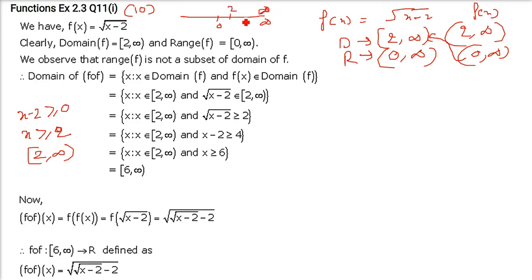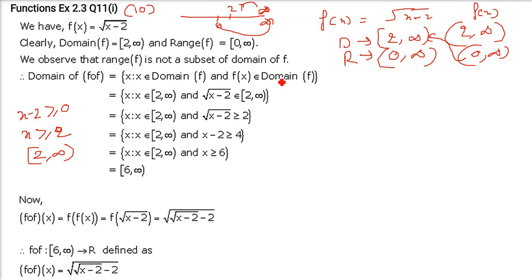I hope you got the idea. It is not a subset. So we have to devise a way to find the domain on which it is defined, as I was telling you earlier in earlier questions. So how to do this? The way I'm going to tell you is, see here.